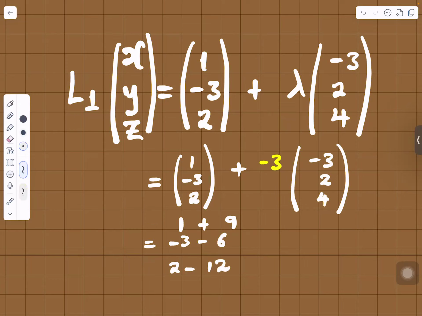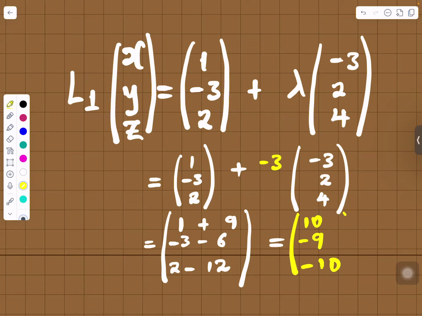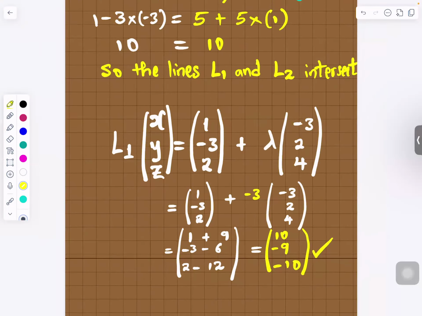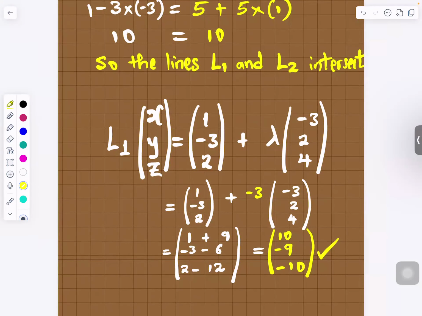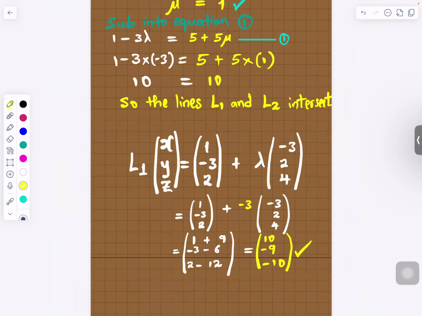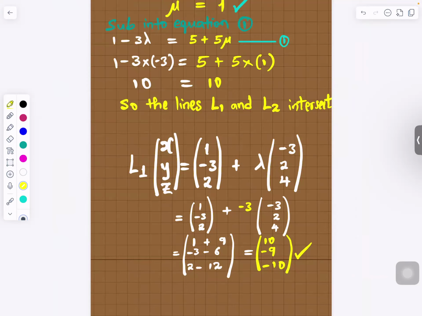So when you put that all together and work it out, you will get (10, -9, -10). So that's the point of intersection. So you find where the lines meet, find mu and lambda, substitute lambda or mu in one of the equations, and that gives you the point where they meet. So that's how we do that type of question. Okay. Perfect.